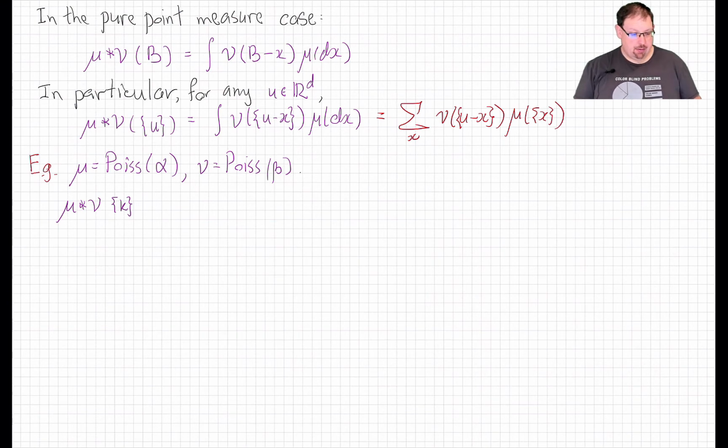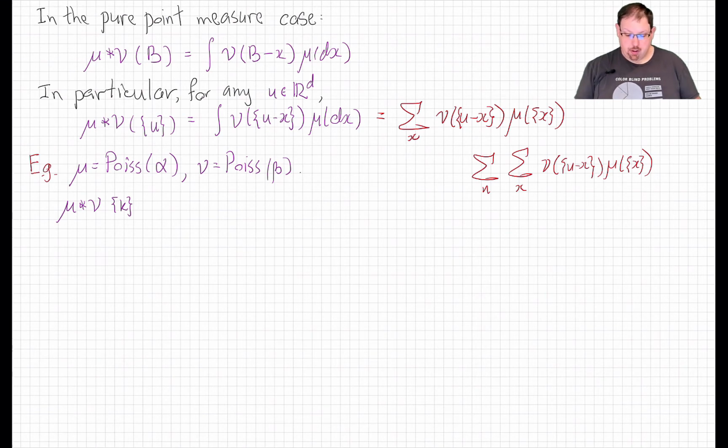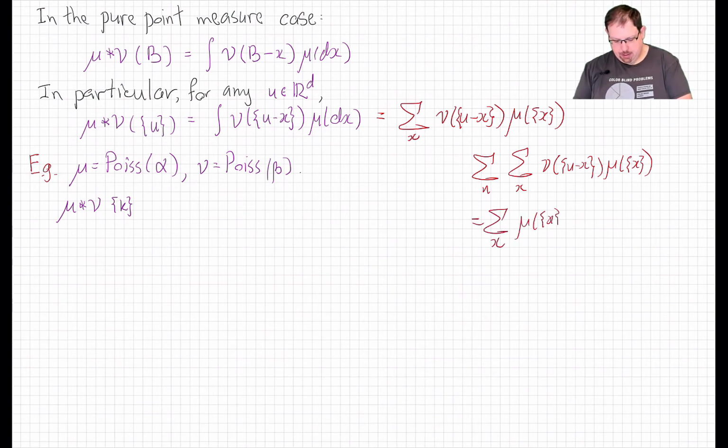And actually this gives us enough information already to justify the claim that the convolution in this case is a discrete measure, because if I take this function of u and I sum it over all values of u, I can reverse the order of summation here using Tonelli's theorem for counting measure. That gives me the sum over x of mu of x times the sum over u of nu of u minus x.